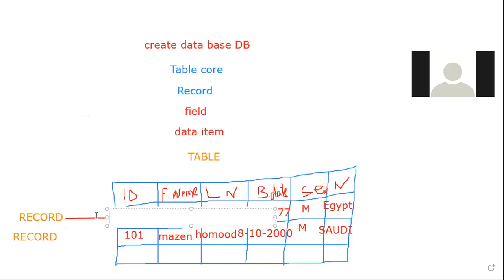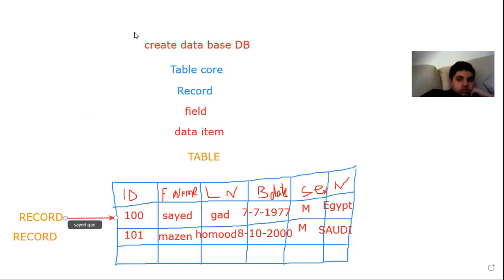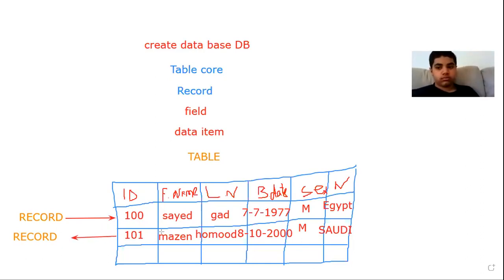This one is another record. So if I want to add another record here, I must draw it like this.